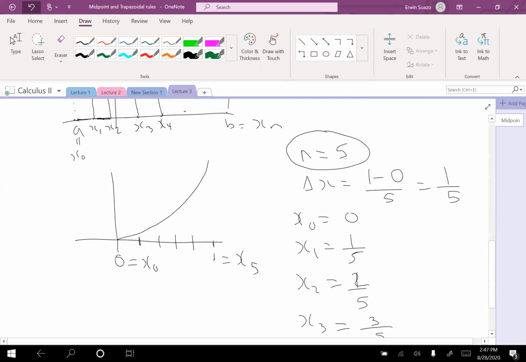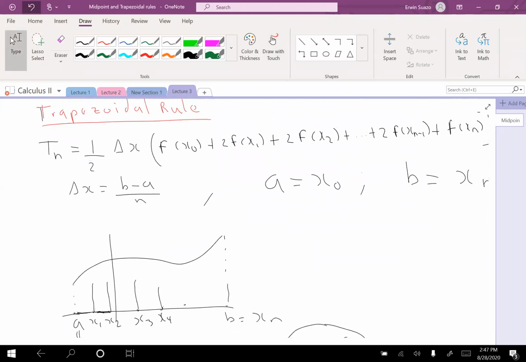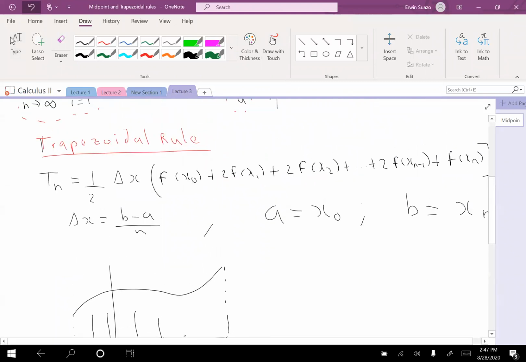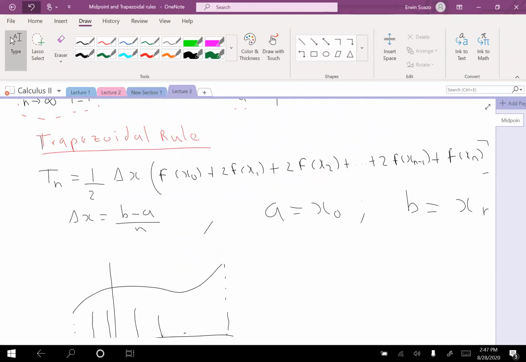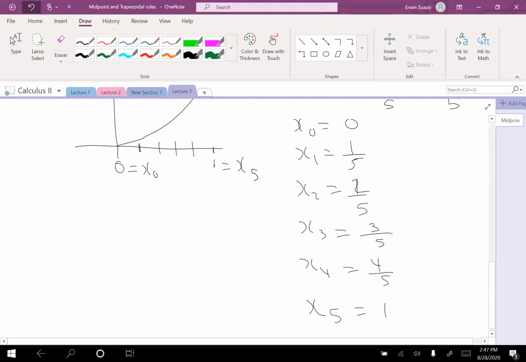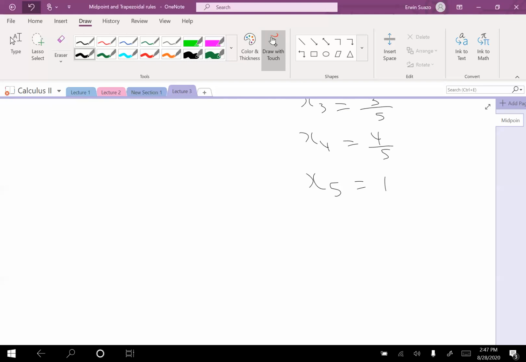Okay, so to apply my trapezoidal rule formula, all that I need to do is 1/2 of delta x, and delta x is 1/5. And then I need to do f of x0, so f of x0 is 0 squared.